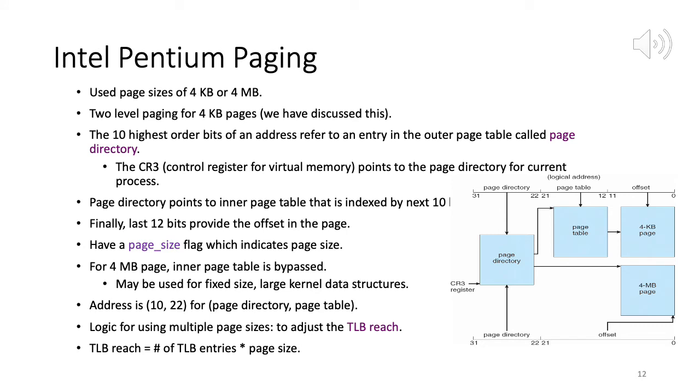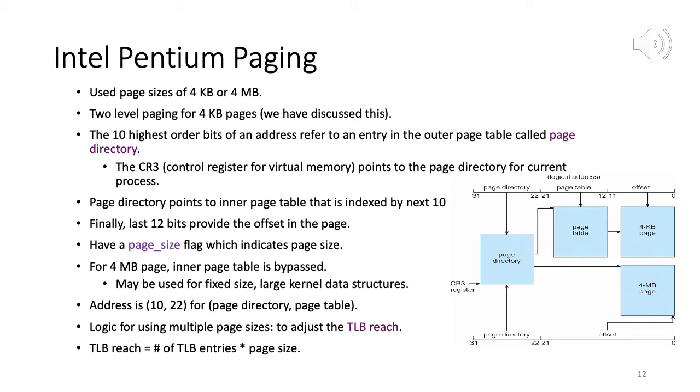Okay, so now I am on page number 12, and now we move on to our second case study. This is for the Intel Pentium chips, which are probably extinct now, but I think they were being used at least till 2011.